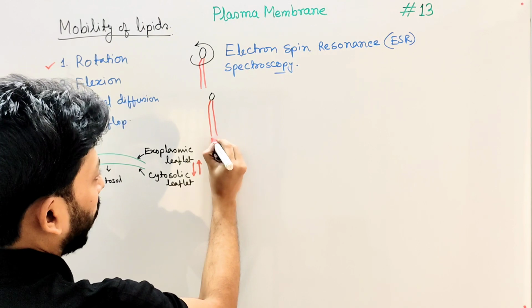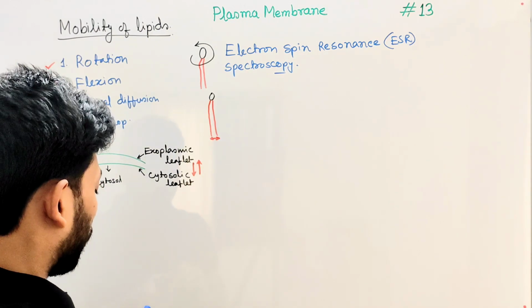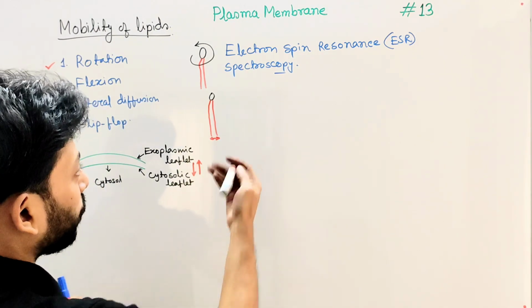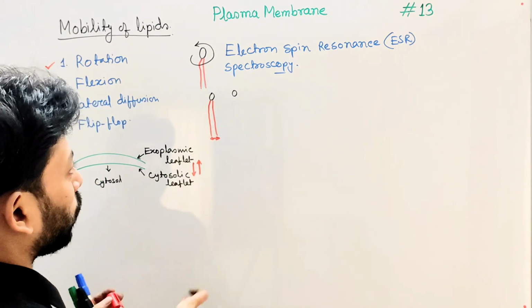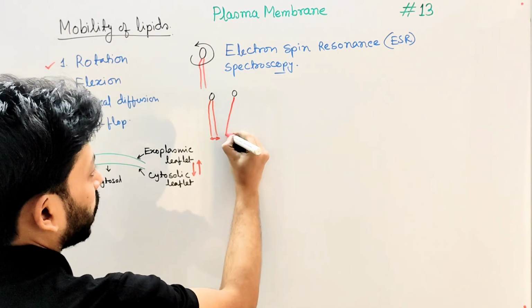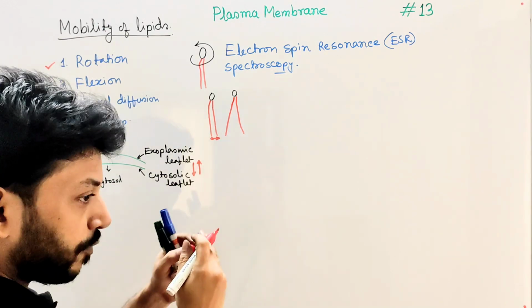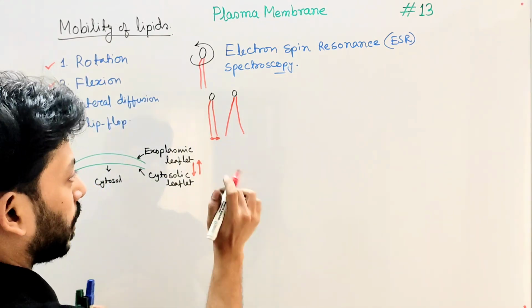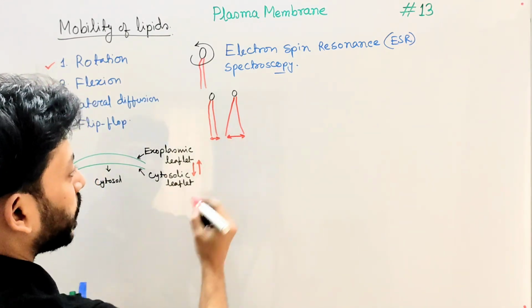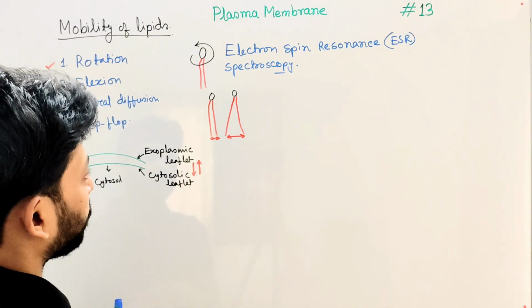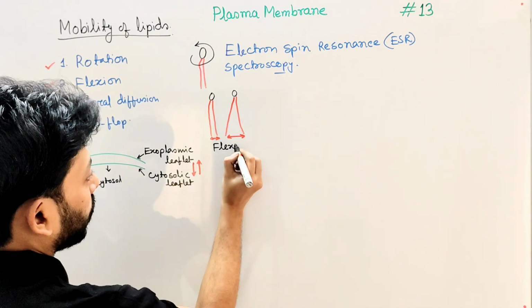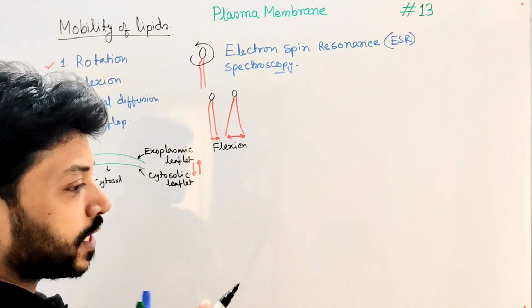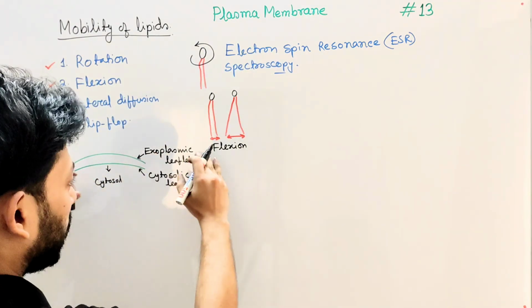The distance between the two fatty acids is like this, but they can move away from each other, so the distance can increase because they are flexible, or they can come close. This movement is called flexion. So rotation and flexion can occur in a particular leaflet.